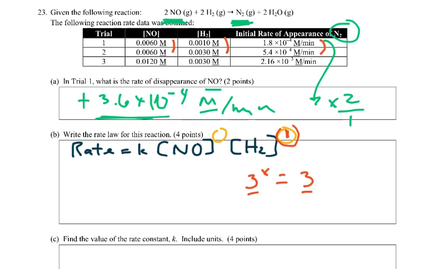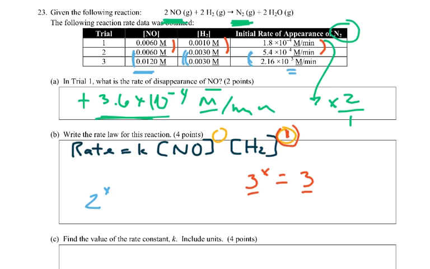Now the second one, I'm looking for some place where my H2 does not change. So these two sound good, I have this one and this one. I can see the 0.012 over 0.006, that is 2 times. And I have 2.16 over 5.4, and that's 2.6 times 10 to the minus 3.